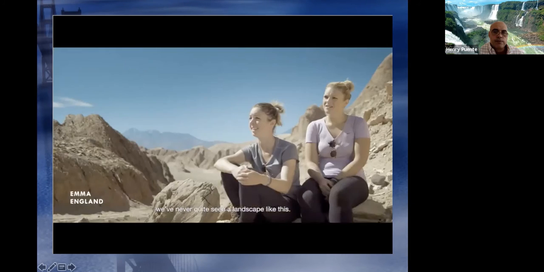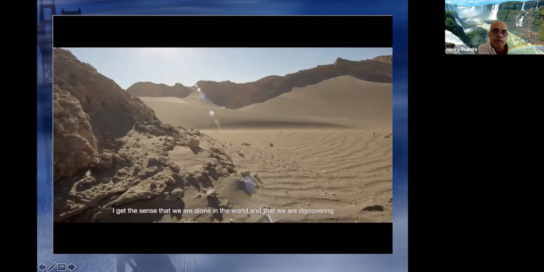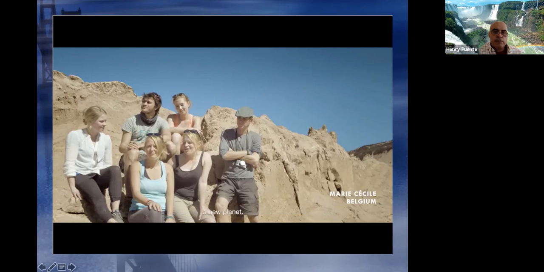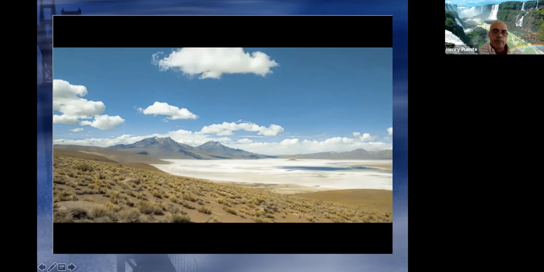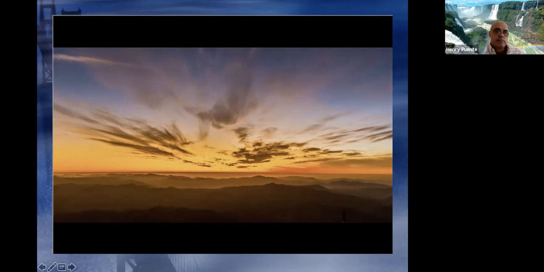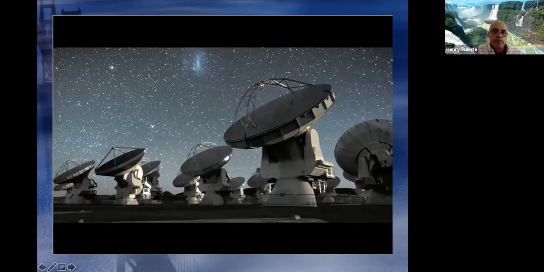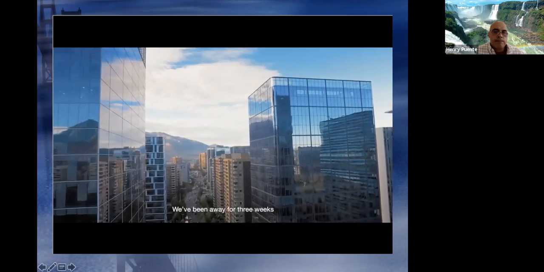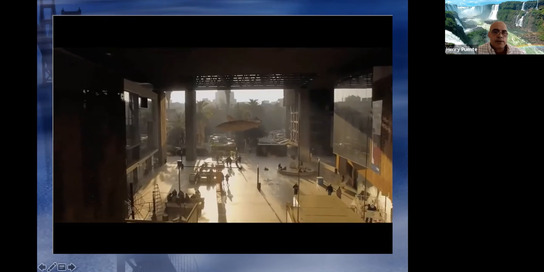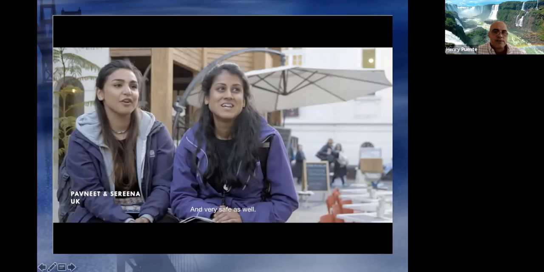I've never quite seen a landscape like this. J'ai l'impression qu'on est seul au monde et qu'on découvre comme une nouvelle planète. We've been away for 3 weeks and we don't miss home at all. So we feel very comfortable here. And very safe as well. Yeah.